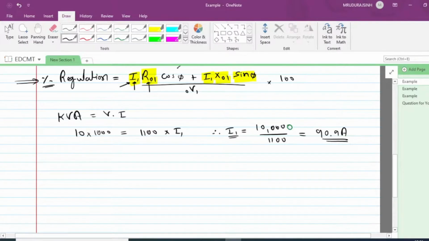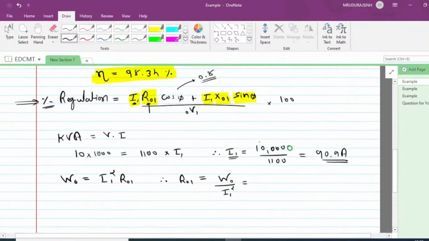Now we'll go for the R01, right? To calculate R01 we are going to use the equation of copper loss. WC is equal to I square R, and that is I1 square R01. As we want to find R01, we'll rearrange the equation like this.